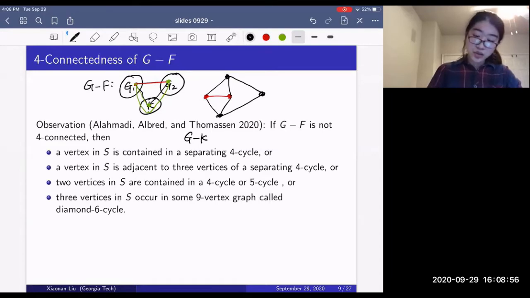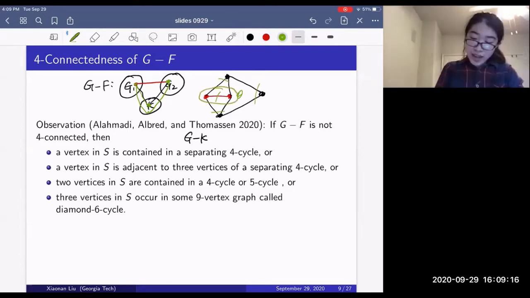Okay, so the red edge is one edge in F. If we delete this edge and these 3 vertices, then it's not connected again.